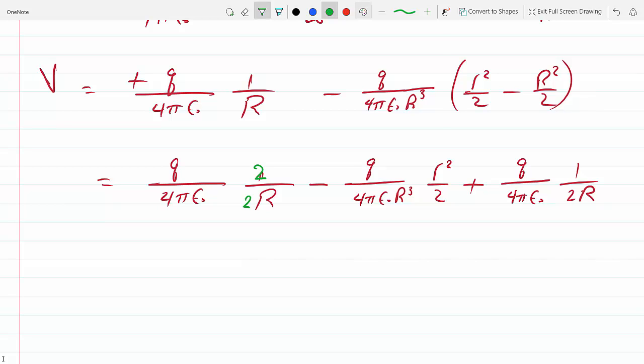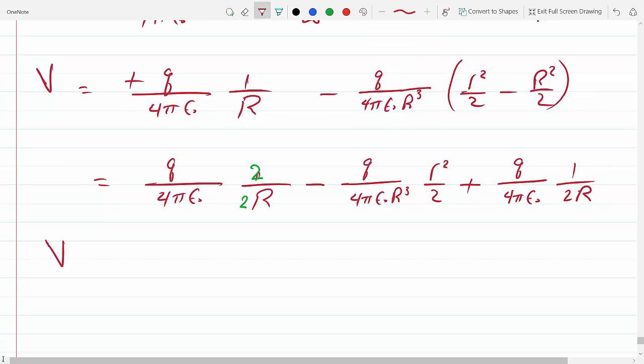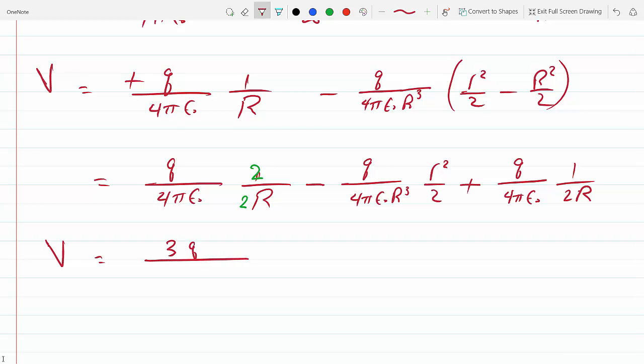So then V becomes 3 Q over 4 pi epsilon 2R, and then we have minus Q over 4 pi epsilon R cubed, or let's write it in a more suggestive way, r squared over 2R cubed.